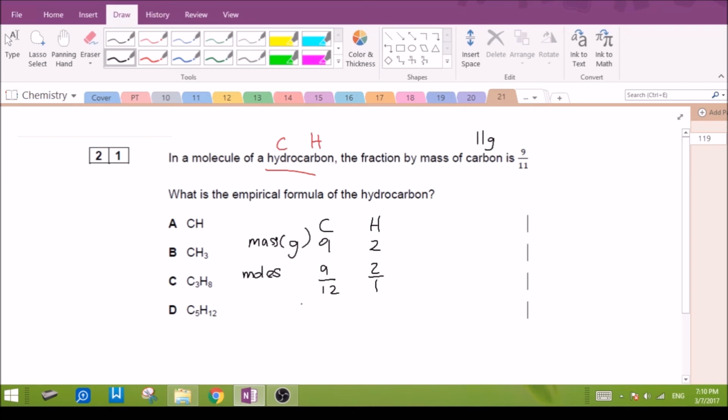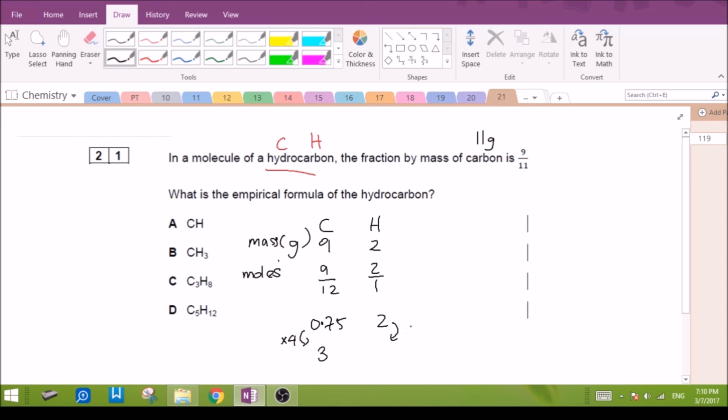And then let's figure out what our numbers are here. Find the simplest ratio. Here we will have 0.75 and 2. Right. As much as possible, we try to have whole numbers as a ratio. So by observation, if I multiply this by 4, I will get a whole number. 0.75 times 4 will be 3.